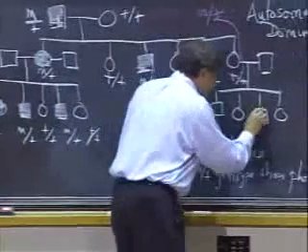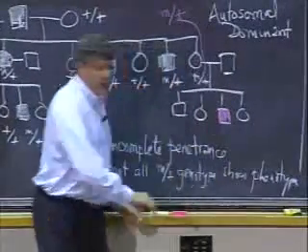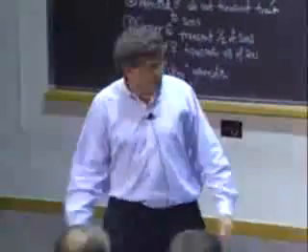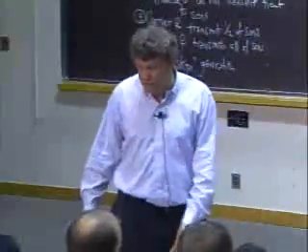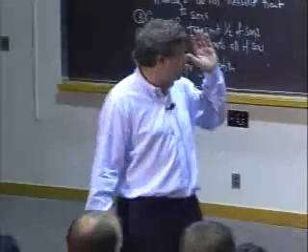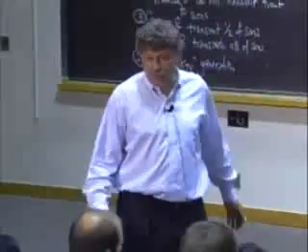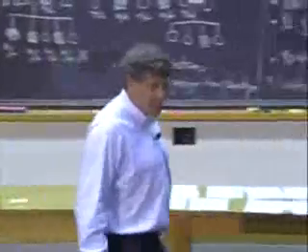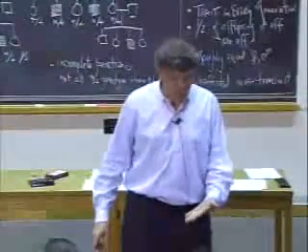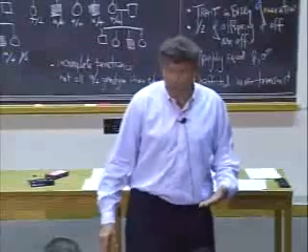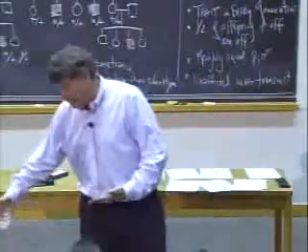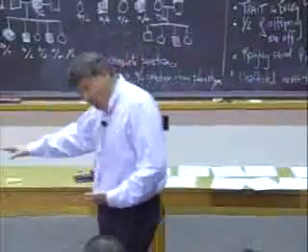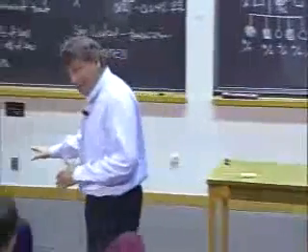And maybe it'll appear in the next generation. That'll screw up everything. It screws up our rule about not transmitting through an unaffected. It screws up the rule about not being shown in every generation. And it will even screw up our 50-50 ratio. Because if half the offspring get M over plus, but only 70% of that half show the phenotype, then only 35% of the offspring will show the phenotype.